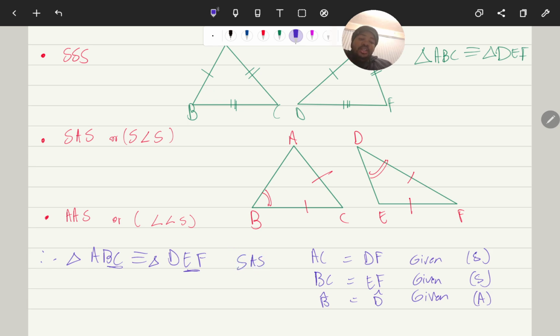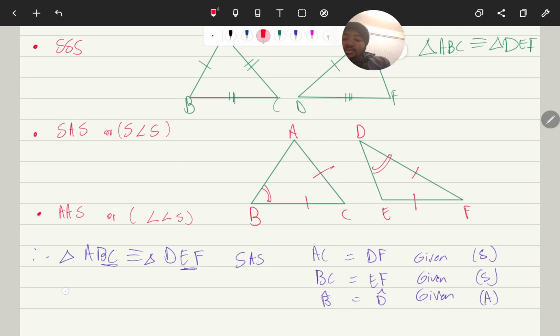So you see that in the problem, it was not given to us that side AB is equal to DE. It was not given to us, but after proving that these two triangles are congruent, we can then conclude and say, therefore, AB equals DE, right?